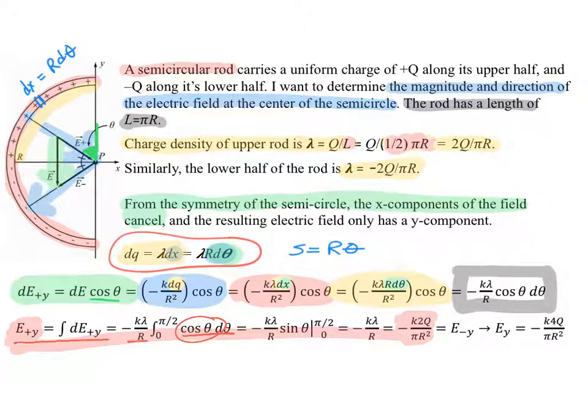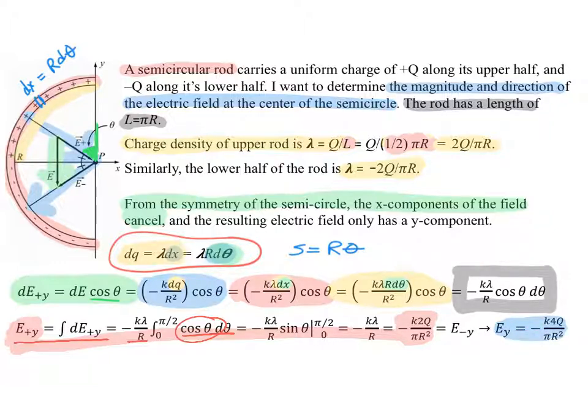Well, we already know graphically that E sub minus y is identical to E sub plus y. So we don't really need to go through the calculus again, because I already know it's the same. It's the other half of that magnitude. So then it means I can say they're the same, and that means that my overall E sub y will just be double that.